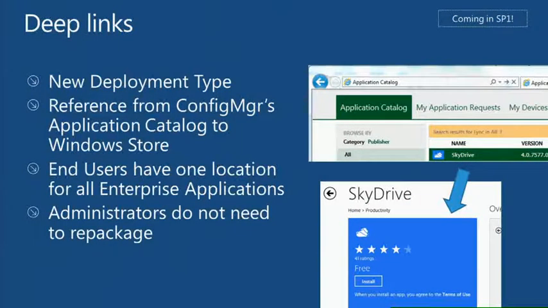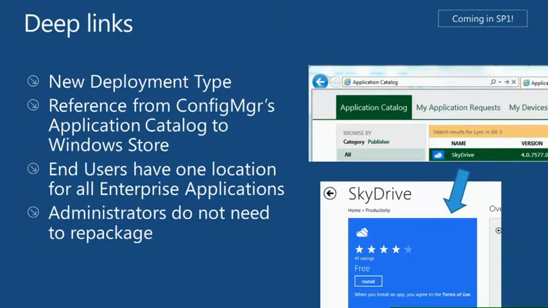The next flavor of Windows 8 type apps is, say, there are productivity apps that will be in the store and you just don't want to waste your time repackaging those, distributing content for those, and owning those applications end to end. What we're going to allow you to do is send what we call a deep link to the users.